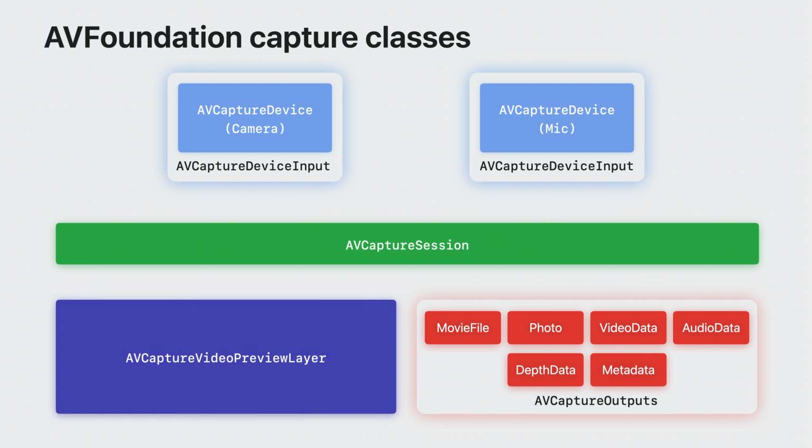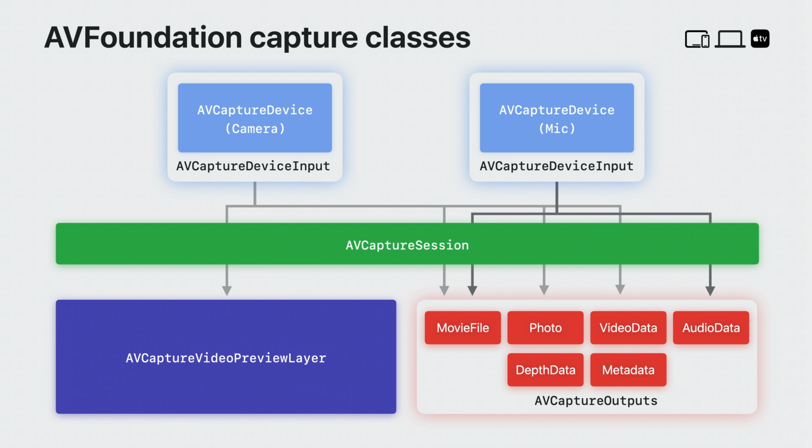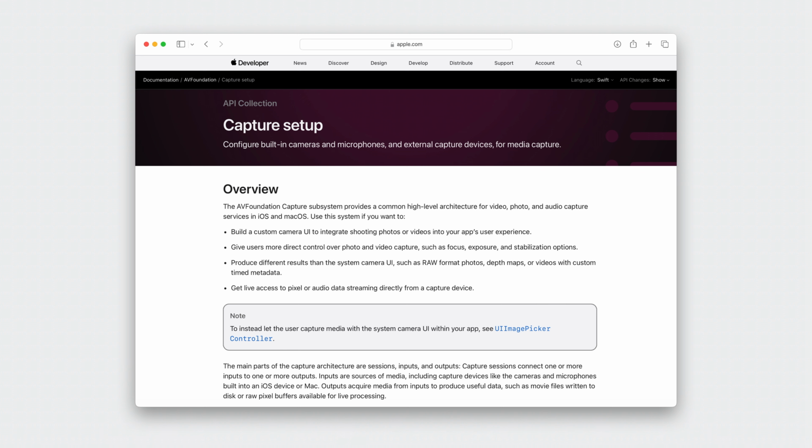For live camera preview, there's a special type of output, the AV Capture Video Preview layer, which is a subclass of CA layer. Data flows from the capture inputs to compatible outputs through AV Capture connections. These classes are available on iOS, macOS, and tvOS. If you're new to AV Capture, I invite you to learn more at the Capture Setup Start page on developer.apple.com.